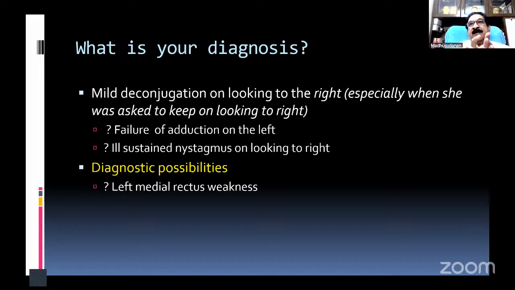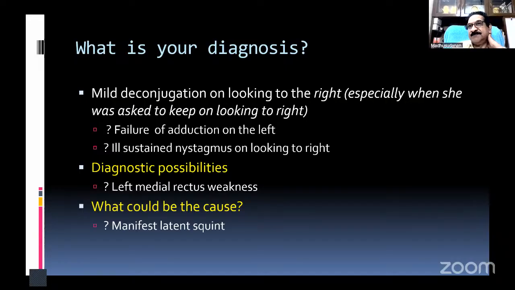The heterophoria becomes heterotropia. So that's another possibility when you get such a phenomenon, you have to find out. At times you find orthotropia, at times even heterotropia, because only when the eye is fatigued will you find the disconjugation. So these are the two possibilities: left medial rectus weakness and manifest latent squint.